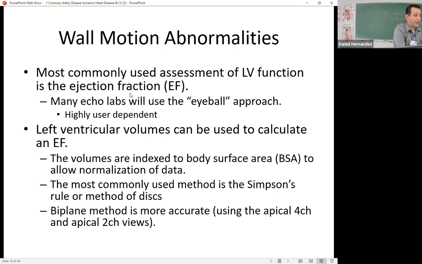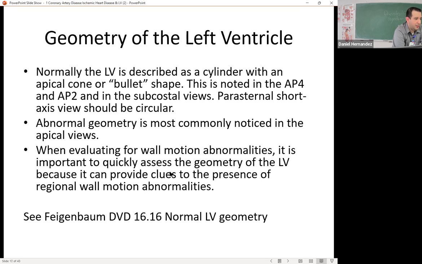Many echo labs will use an eyeball approach. Again, this is highly user dependent. A better method for determining LV volume changes that can be used to calculate EF is our biplane Simpson's method, which we do in our apical 2 and apical 4 chambers.